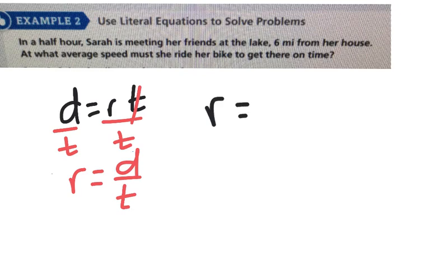So now, this time I know some of those values. What is the distance Sarah has to travel? 6 miles. So in place of D, I'm going to plug in 6. And I also know the time it's going to take her. How much time does she have to get there? She has half an hour. So we could write 30 minutes, but here's the problem.